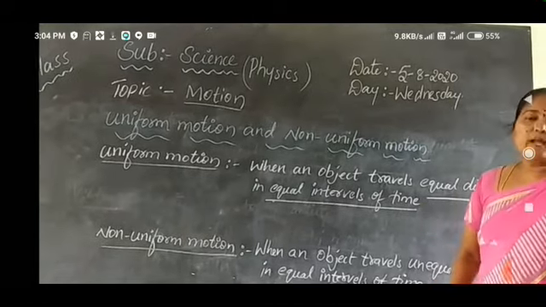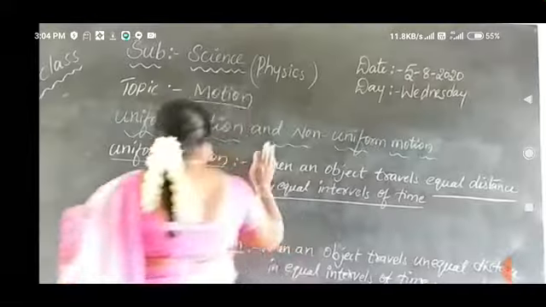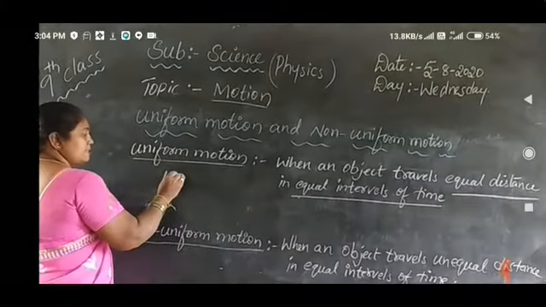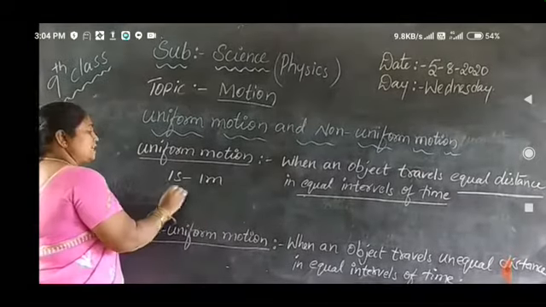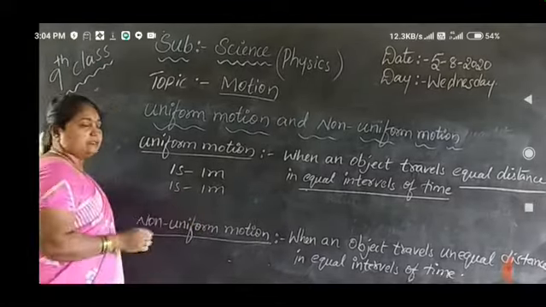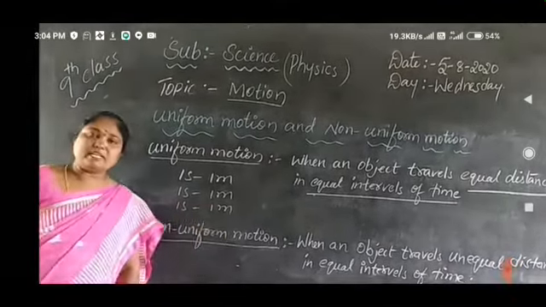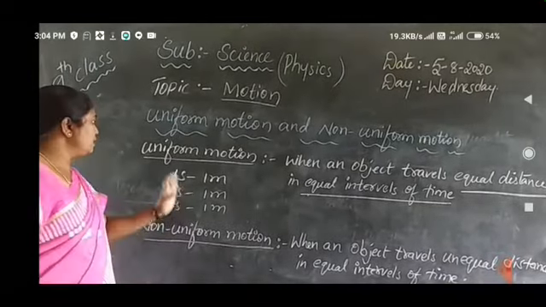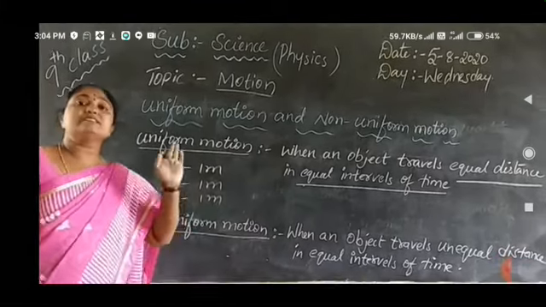Let me go for one example. A car is traveling 1 meter in 1 second. Next second, it travels the same distance, 1 meter. Next second, again 1 meter. So in 3 seconds, it has traveled 3 meters.